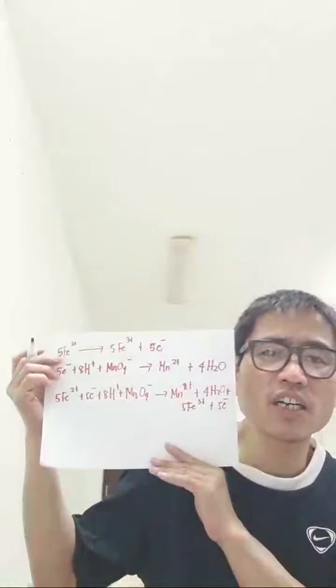Okay, 5 Fe2 positive plus 5 electrons plus 8H positive plus permanganate is equals to manganese 2 positive plus 4H2O plus 5 ferric 3 positive plus 5 electrons. The 5 electrons cancel because they are common. Okay, cancels that out. So our final reaction will be this one.